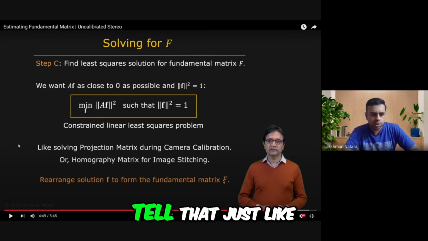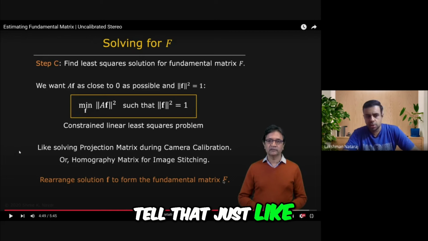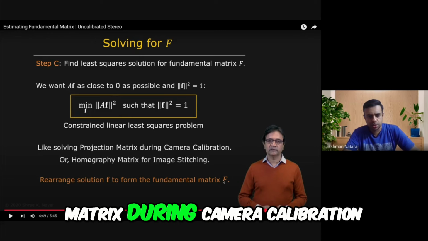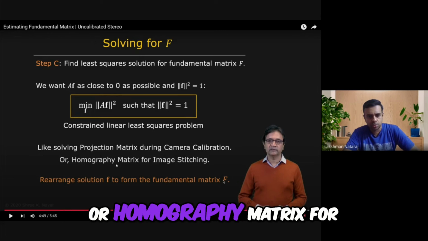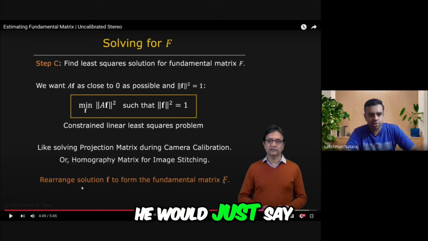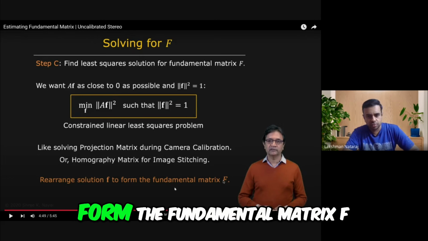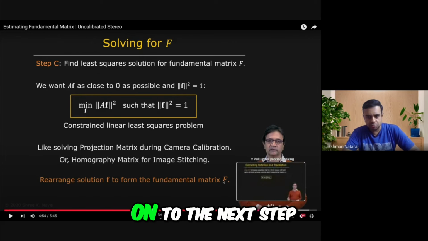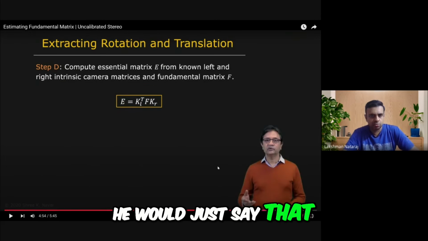Just like how he had solved for the projection matrix during camera calibration, or the homography matrix for image stitching, he would just say: rearrange F to form the fundamental matrix F. And after this, he would just go on to the next step, like, that's it.